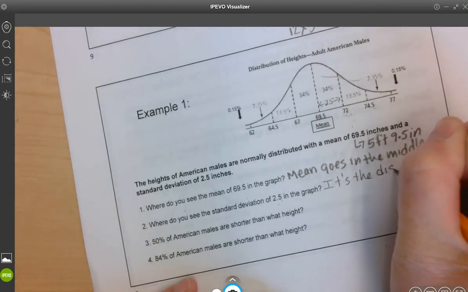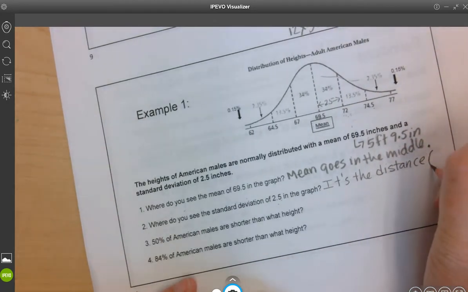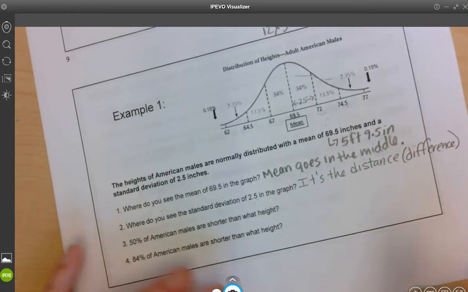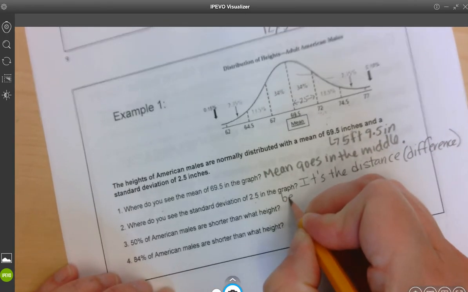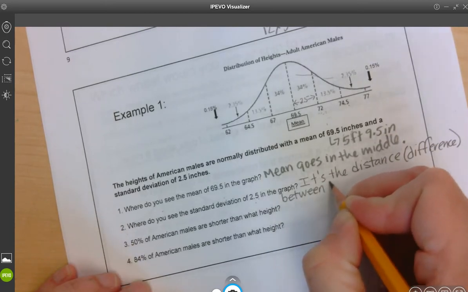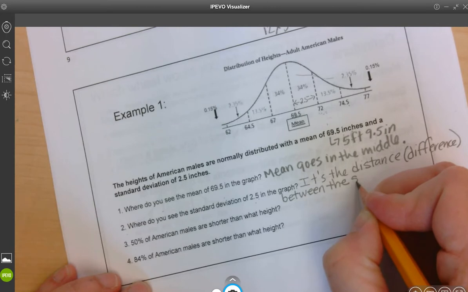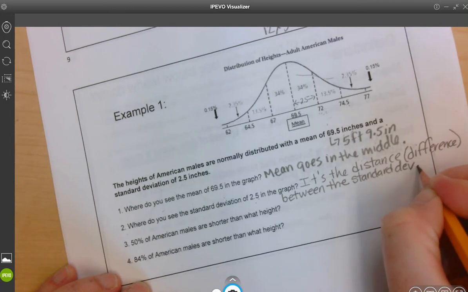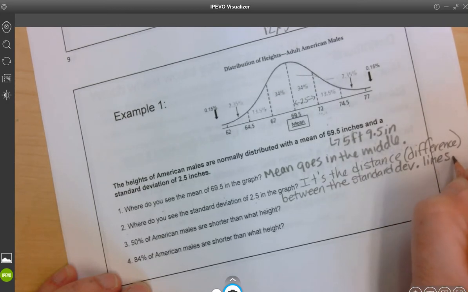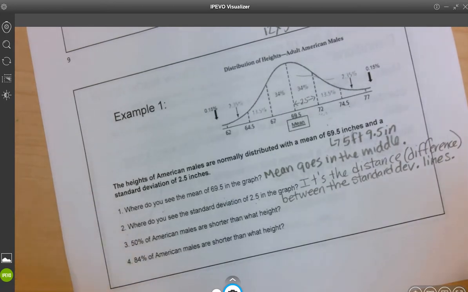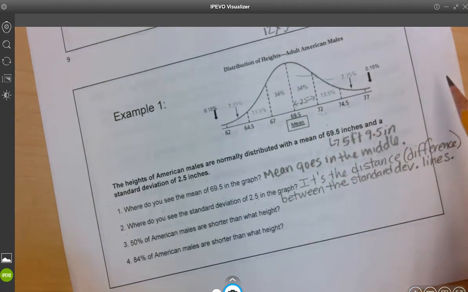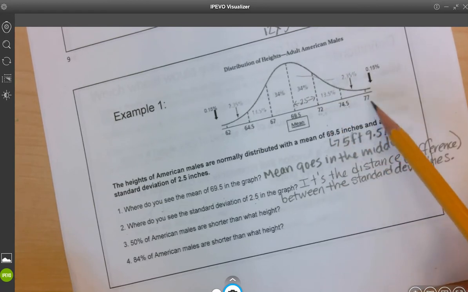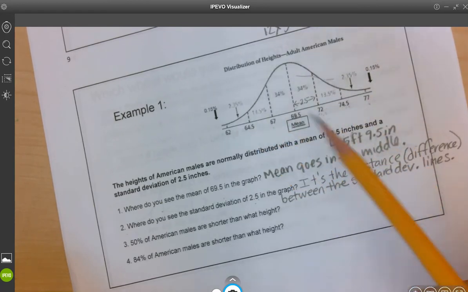It's the distance or difference between the standard deviation lines. All right, so if I wanted to make this chart myself, I would start by putting the mean in the middle, and then I would add 2.5 each time to get the lines over here, and I would subtract 2.5 each time to get the lines over here.